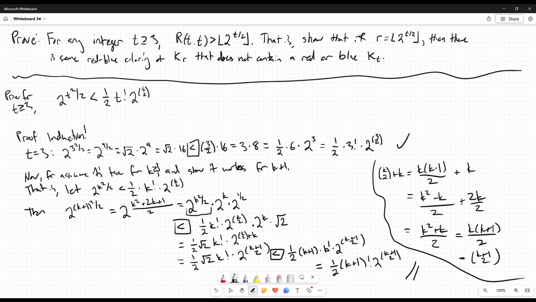You could have just put this in your calculator, but we don't have calculators, right? And then we had to do some clever algebra down here to show the induction step, that if this inequality is true for k, then it's also true for k plus 1. And there we go. We were able to prove this weird inequality, which will definitely come in handy when it gets time to do our proof using the probabilistic method.